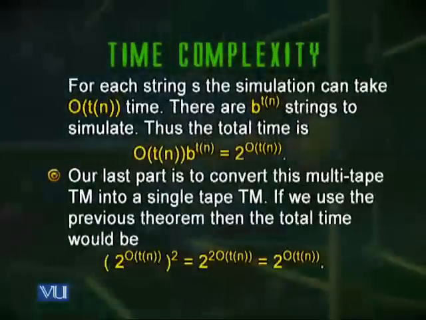If we convert this multi-tape Turing machine using the previous theorem, the total time taken will be (2 to the order T of n) whole squared, which is 2 to the 2 times order T of n, and which is 2 to the order T of n because 2 is a constant, and when you multiply it with order T of n, you can ignore it. And hence our theorem is proved, so we can get rid of non-determinism at an exponential cost in time.